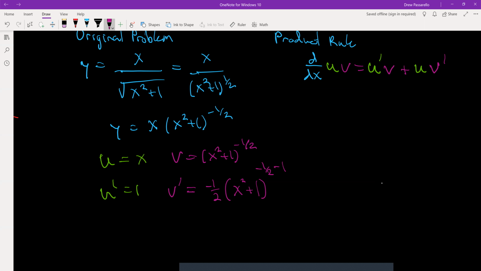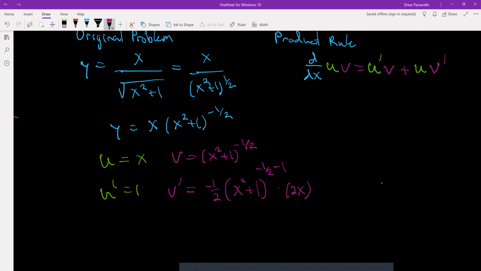All right, that's the power rule part. Then I multiply it by the derivative of the inside function. So the derivative of x squared plus 1 is 2x, because derivative of x squared is 2x, and then plus 0 because the 1 is a constant, so it would be 2x plus 0, which is 2x.